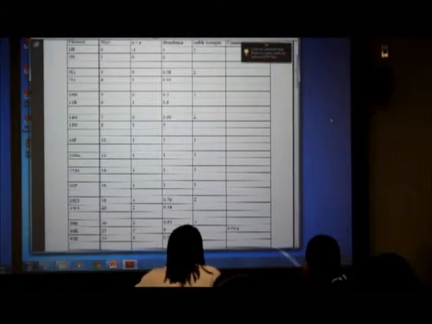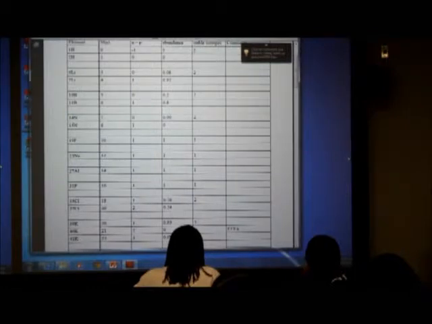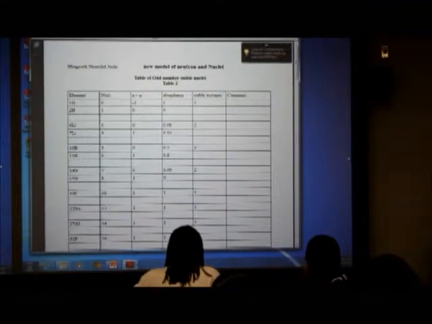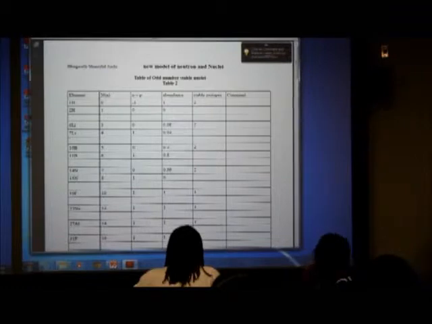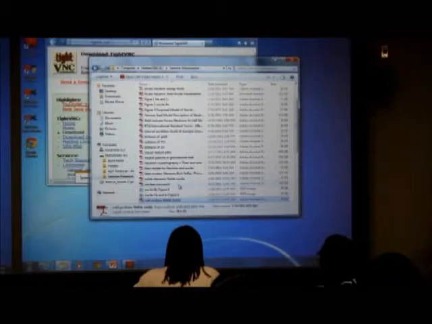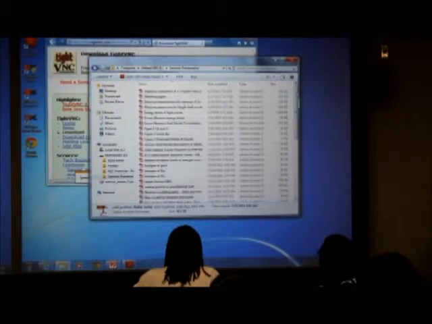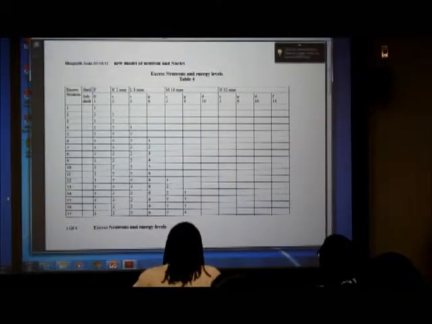We can, for example, look at this 31P. So these are the neutron energy levels I came up with.